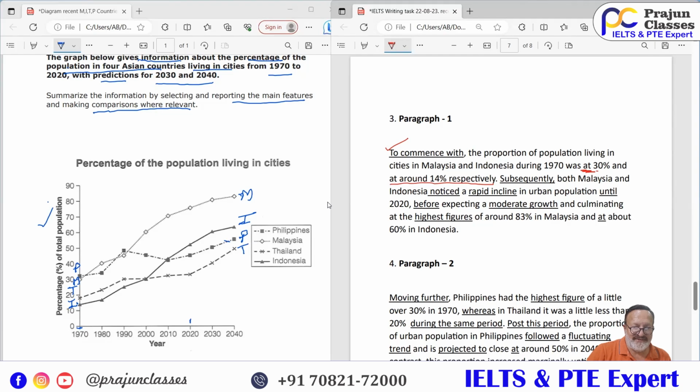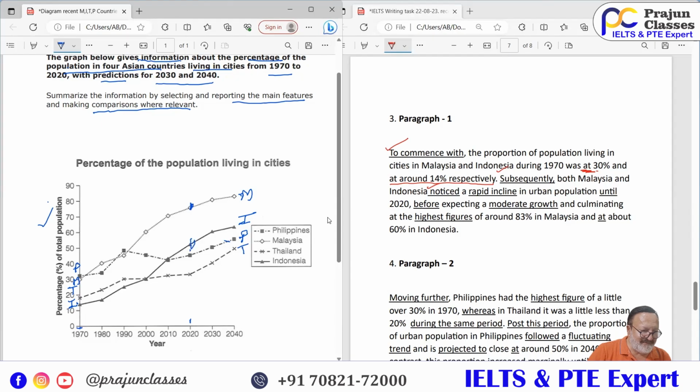Now "subsequently," this is a time phrase we have used. Both Malaysia and Indonesia noticed, again noticed is general vocab, a rapid incline. So you see they noticed a rapid incline in urban population until 2020. So up till 2020 here and 2020 here.